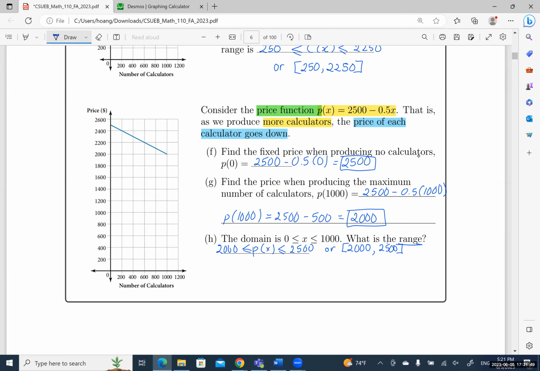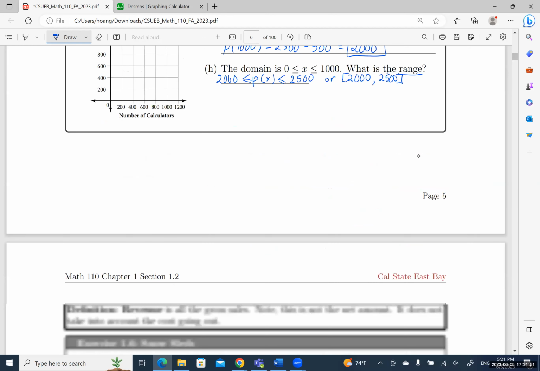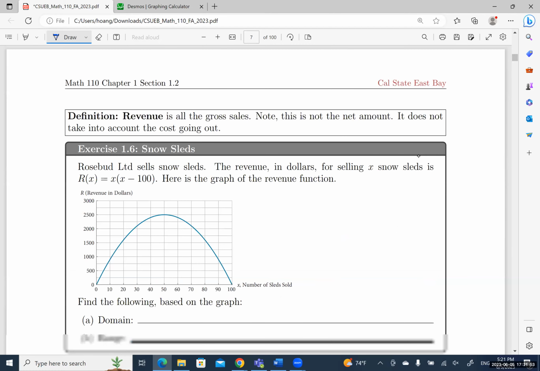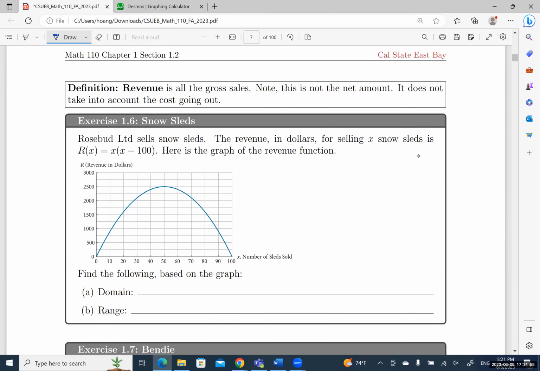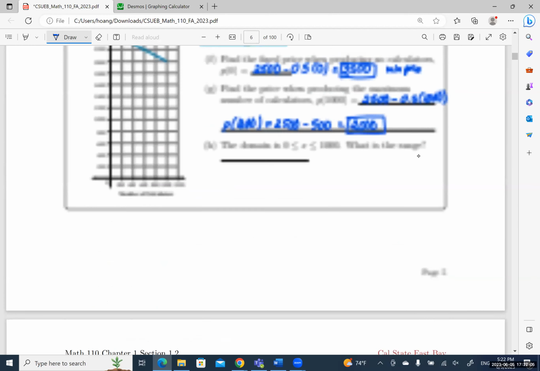Okay, so let's move down. Now we're going to talk about revenue. We did talk about cost functions, and we did talk about the price function.